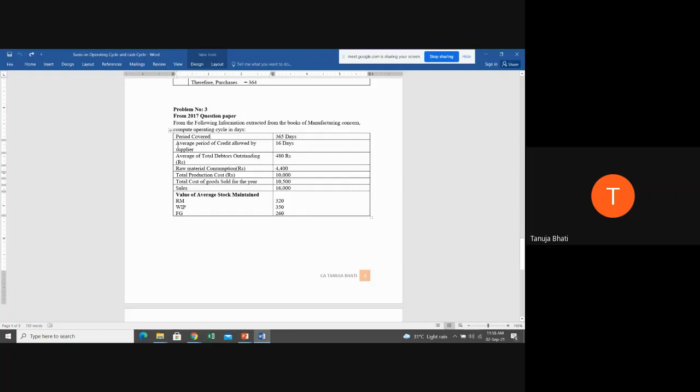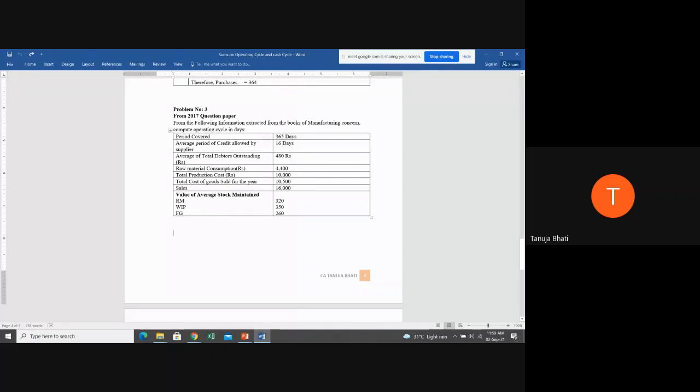Now, students, what do you mean by this? Can you tell me the other name for this average period of credit allowed by supplier? It is the creditors payment period, that is, the period for payment given by the creditors.